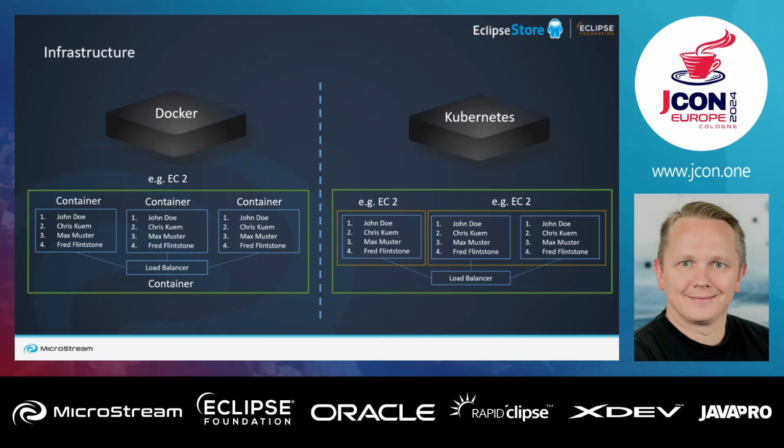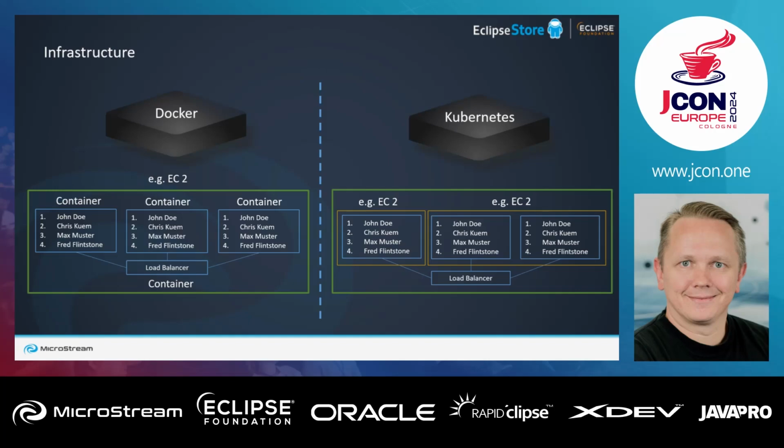Because of that, we are forced to move to Kubernetes, because Kubernetes is the only platform which is able to bind multiple EC2 units to one pool of CPU and RAM. You could see that here.